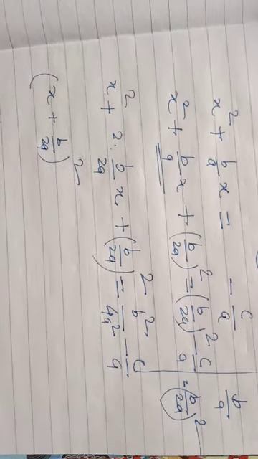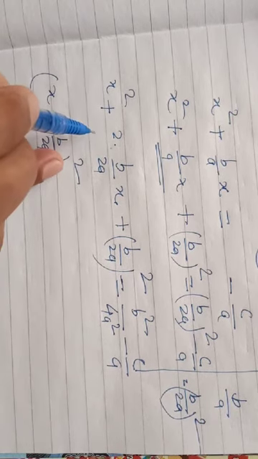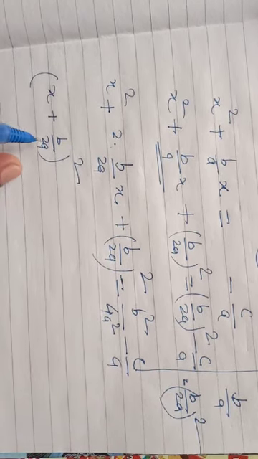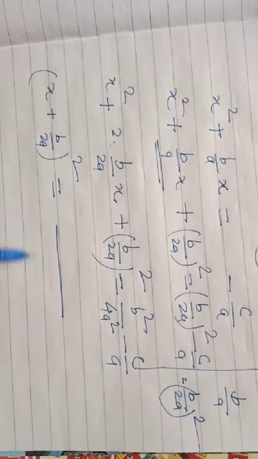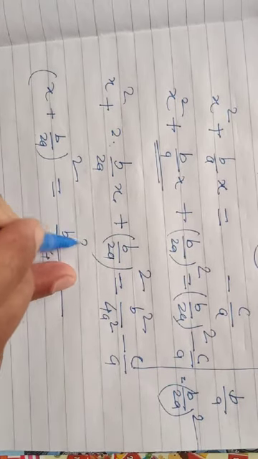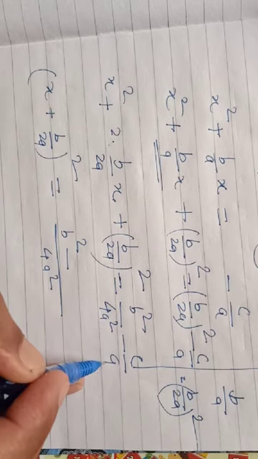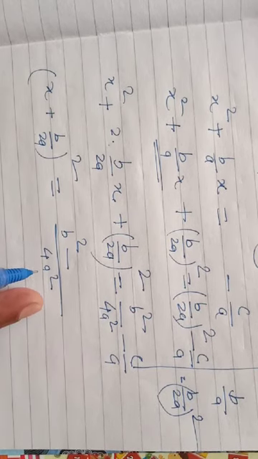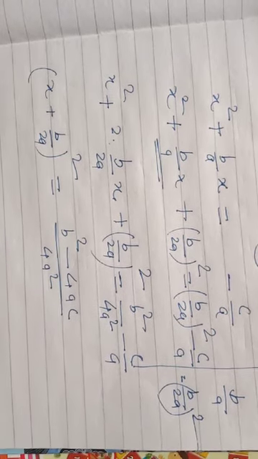A square, it means x square, plus b square, it means b upon 2a whole square, plus 2ab, 2 into x and b upon 2a, is equal to. LCM here is 4a square, that will be the value of b square, minus c upon a. When we divide 4a square by a, 4a value should be there, multiply 4a by c, that will be the 4ac.